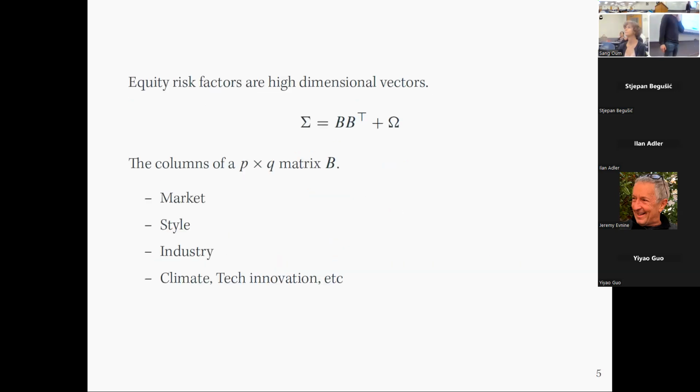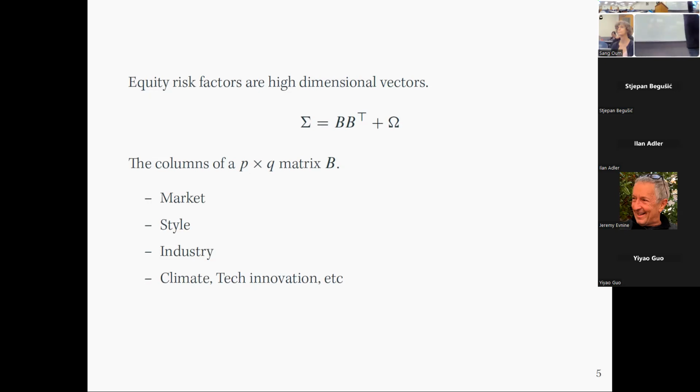The model that I'll be considering is this one. Since security returns decompose into a systematic and specific component, we can assume the same goes for the covariance matrix. So here we're looking at two parts, BB transpose and the omega. This talk is mostly going to be focused on this first leading component. This is a P by Q matrix. P is going to denote the number of securities, the number of assets.